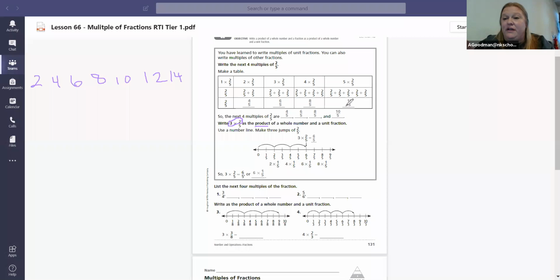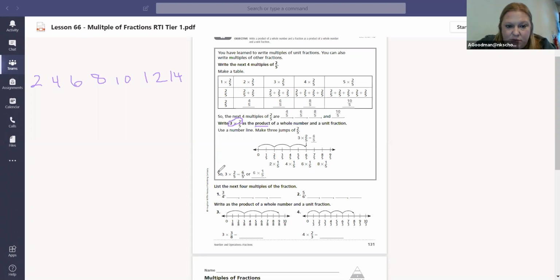If you were cooking something and you wanted to triple the recipe and it said to put 1/2 cup of flour in, you're gonna do 1/2 plus 1/2 plus 1/2, so that's 3 halves. Nothing changes in the denominator. That's our unit. You don't want to change that. So 3 times 1/2 is 3 halves. You only multiply the numerator times the whole number.